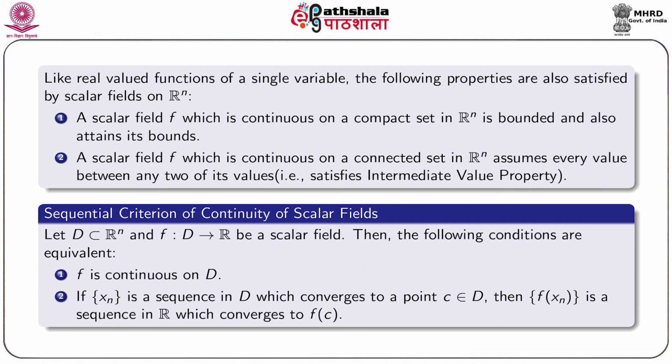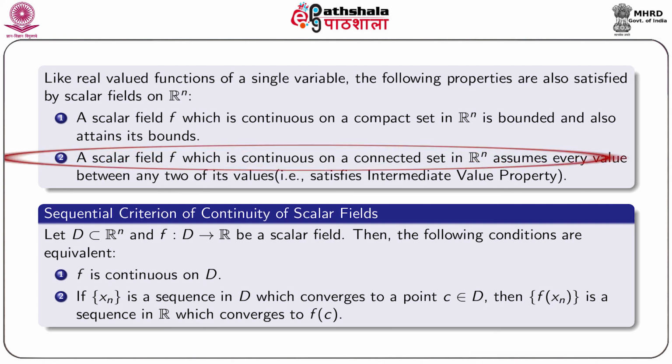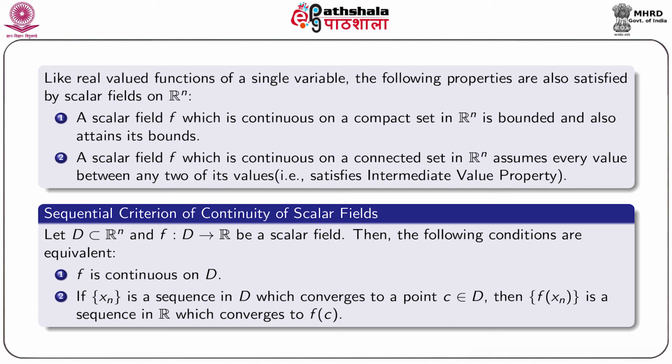We recall that according to Heine-Borel theorem, a set in R^n is compact if and only if it is both bounded and closed. Second one, a scalar field f which is continuous on a connected set in R^n assumes every value between any two of its values. That is, it satisfies the intermediate value property.